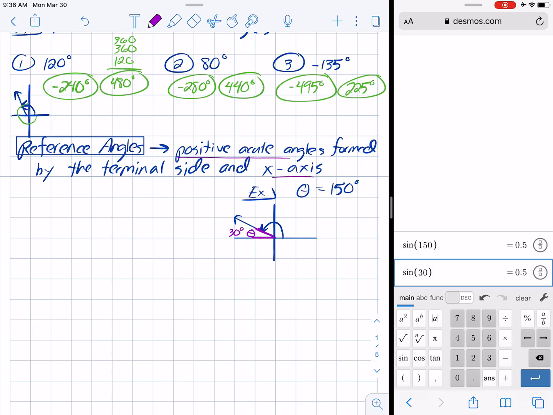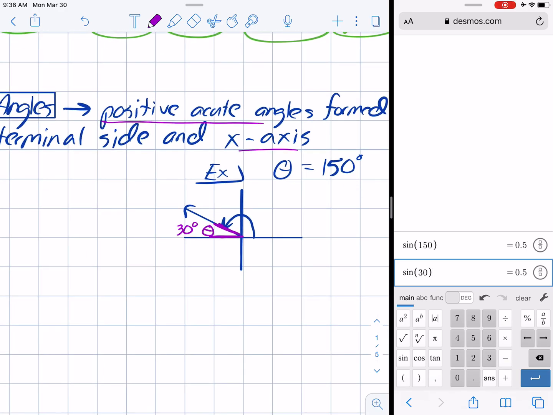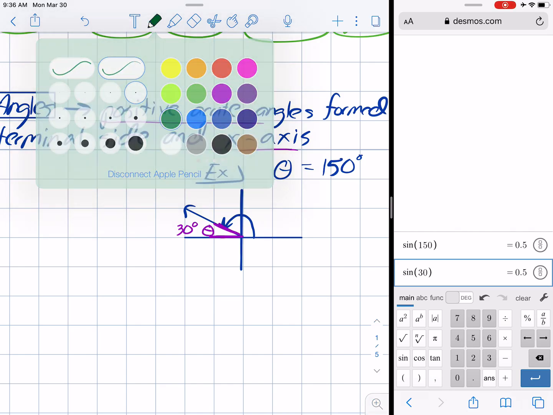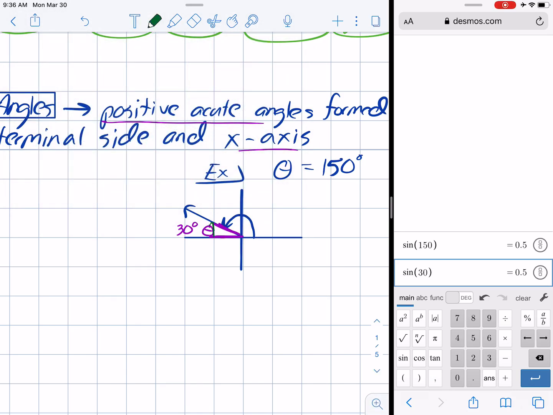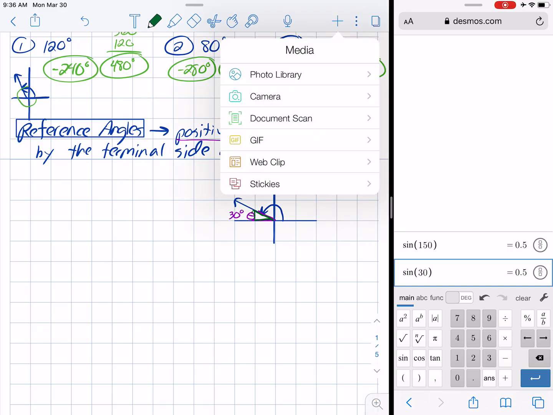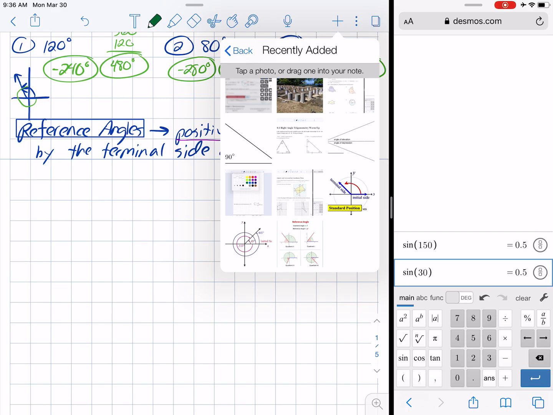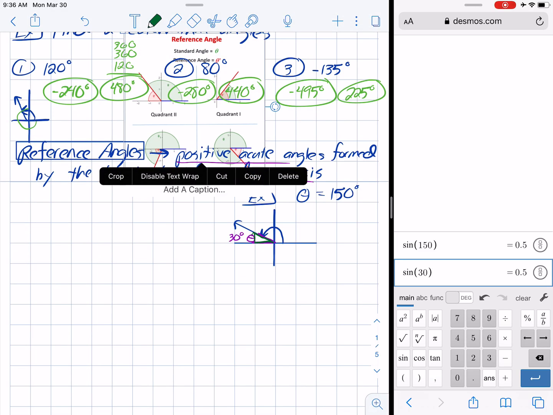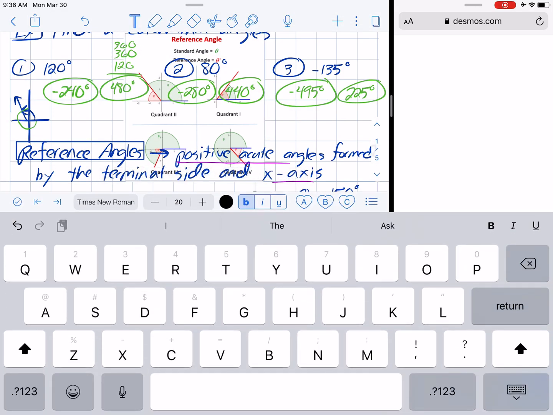We get the same exact ratio for the sides of this right triangle that are formed. And you might not see the right angle yet, but you're going to at the end of this lesson. Right triangle that's formed. You get the same ratio of the sides that are opposite over the hypotenuse. Okay. Here are some more examples of reference angles in every quadrant.